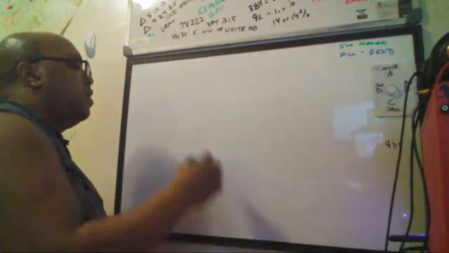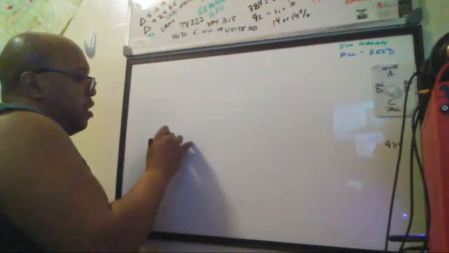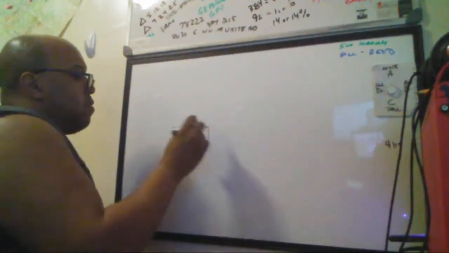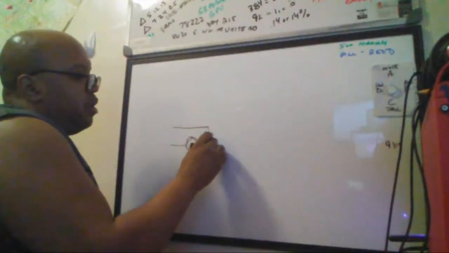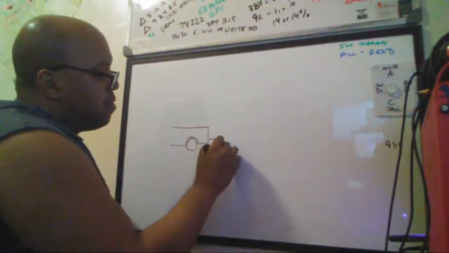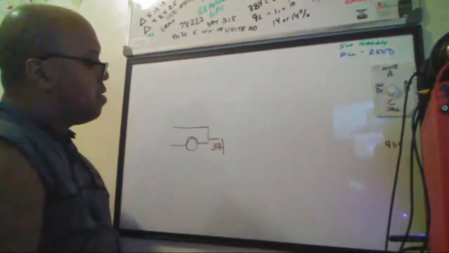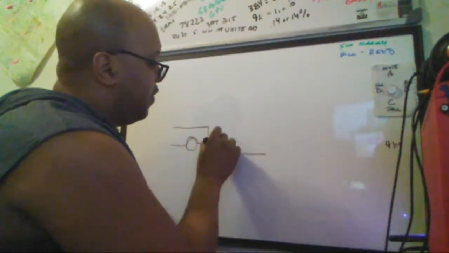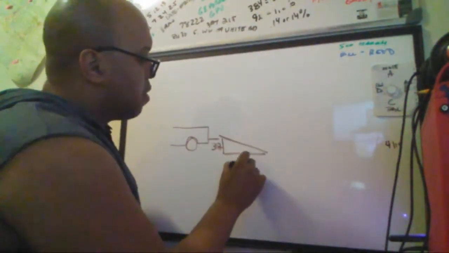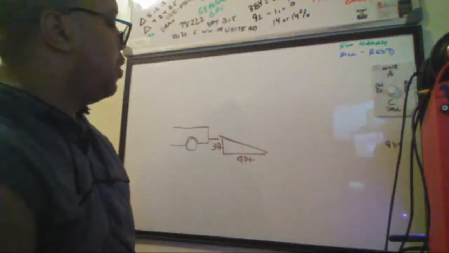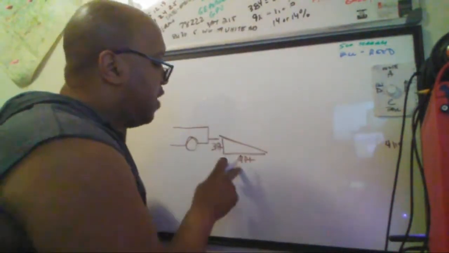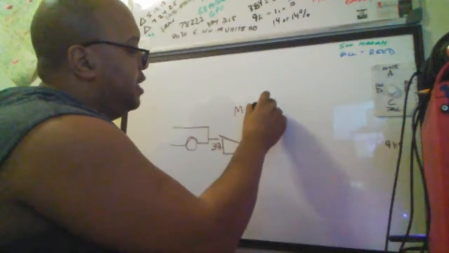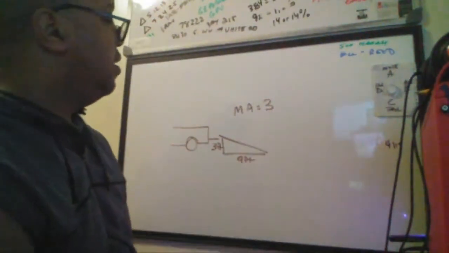Let's say we have a pickup truck, and the particular lift gate, or the gate, is 3 feet above the ground, but our ramp is 9 feet long. In this particular situation, the mechanical advantage is the distance divided by the height. So the mechanical advantage is 3. 3 times 3 is 9.